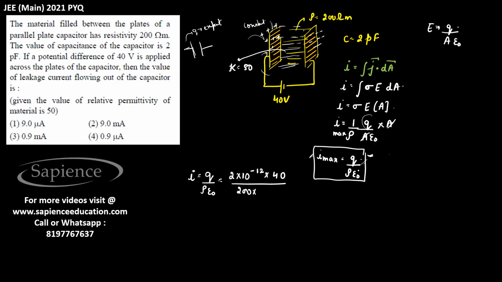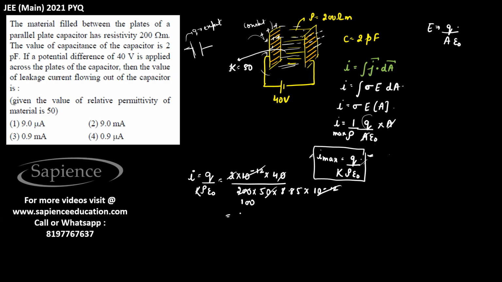Here you have to use epsilon when this is filled with air, but we are taking a dielectric, so there will be K also, the dielectric constant, and the dielectric constant here is given as 50, into the value of epsilon, 8.85 into 10 raised to the power minus 12. So luckily 10 raised to the power minus 12 cancels.